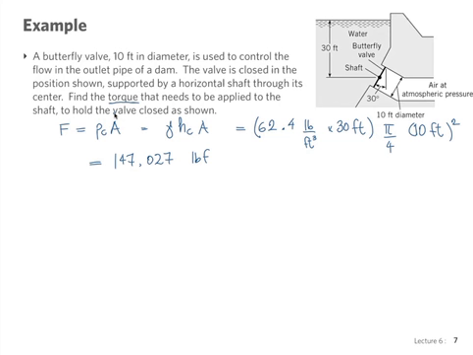So we need to find the line of action of this force, and we know also how to do that. We can calculate the position of the center of pressure using our shortcut number 2.